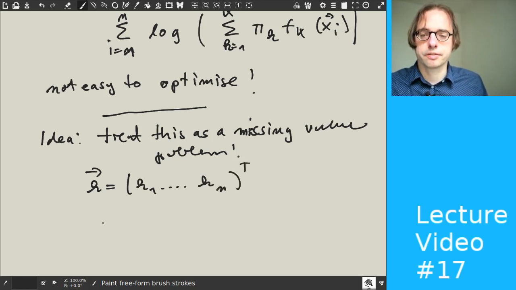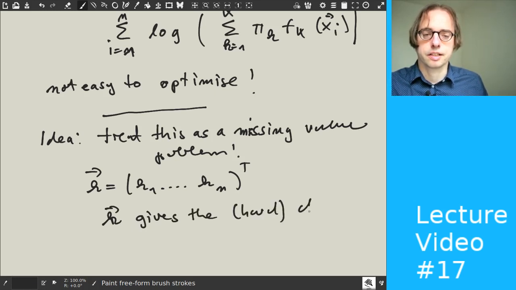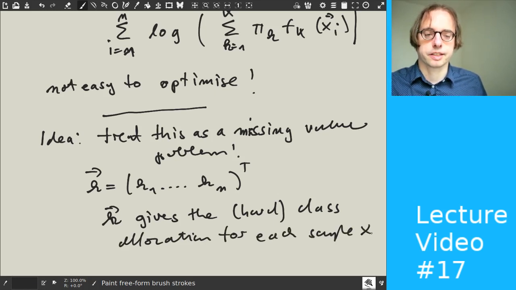So k gives the hard class allocation for each sample x_i. You can see it goes from k1 to kn.